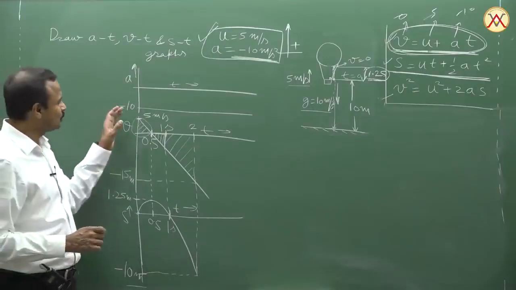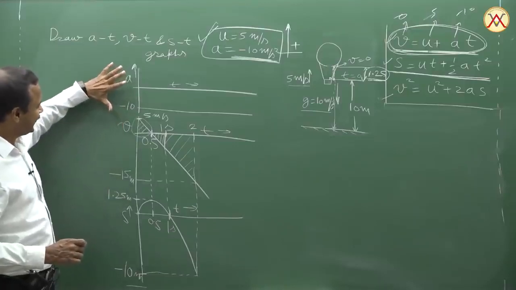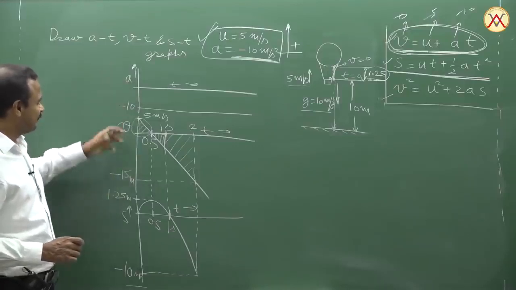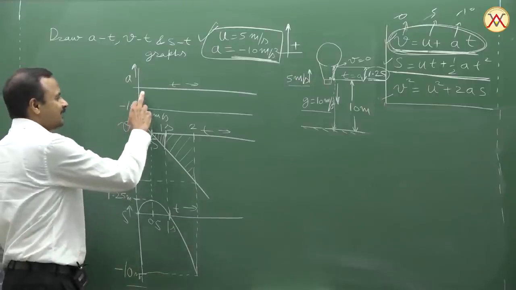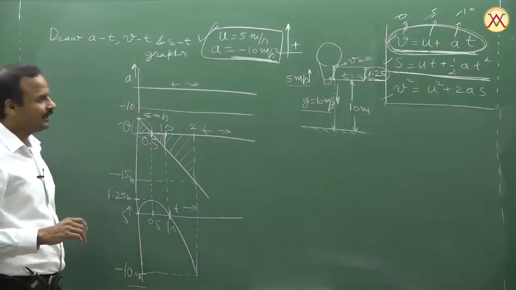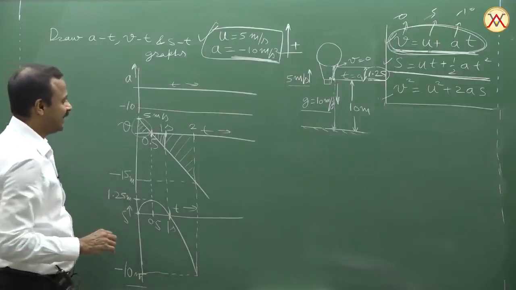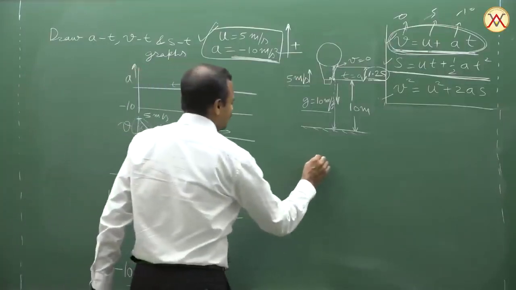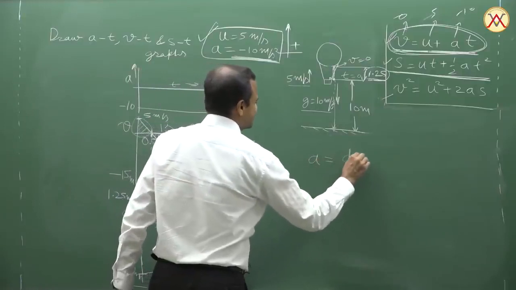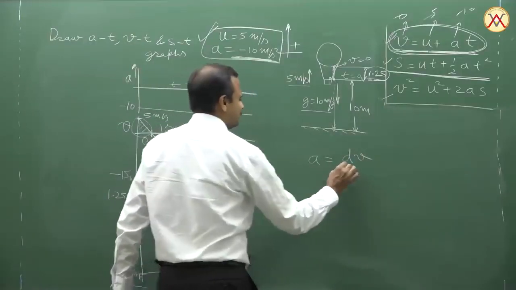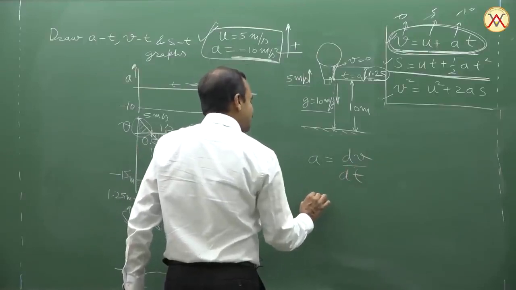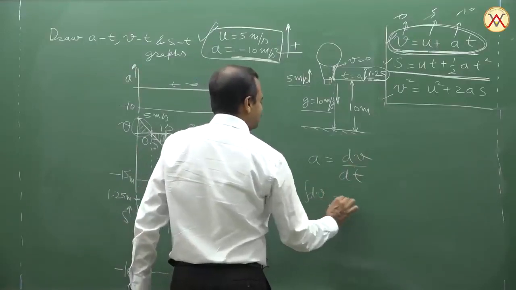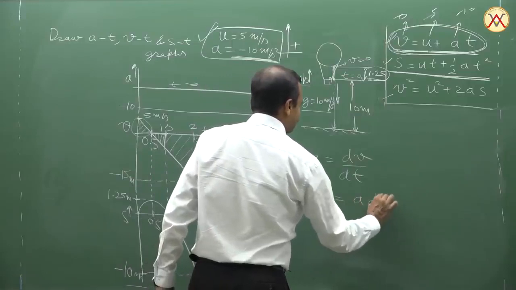One more thing, how to relate the acceleration time graph with, let us say, the velocity. See, area under the AT graph, what will this give? We know acceleration in general means dv by dt. So the integral of dv will equal the integral of a dt.